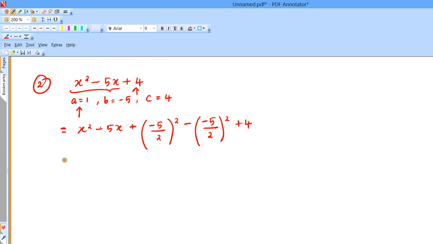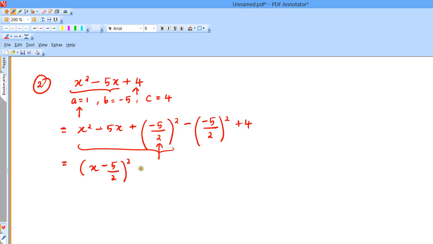Okay, next step, we want to simplify the first three terms. So bracket x, and then in this bracket, negative 5 over 2, so just put here negative 5 over 2 and then squared.